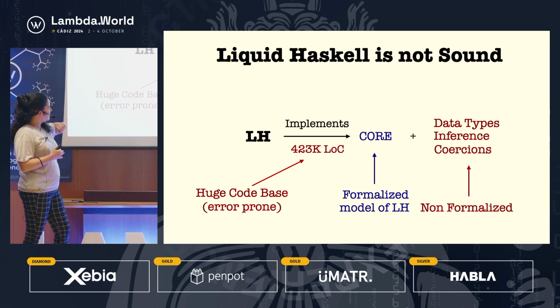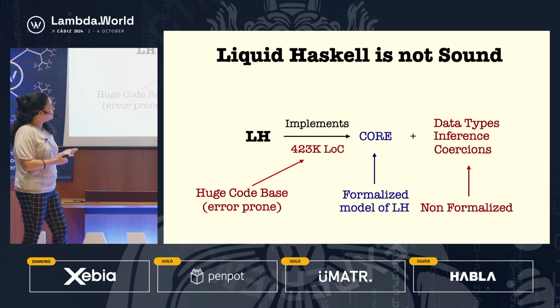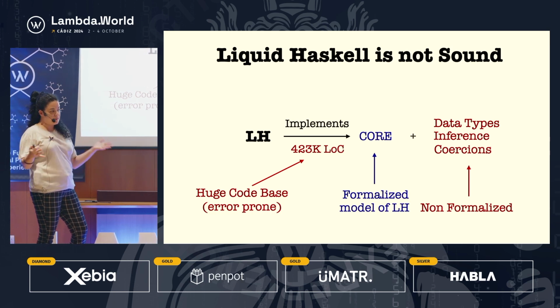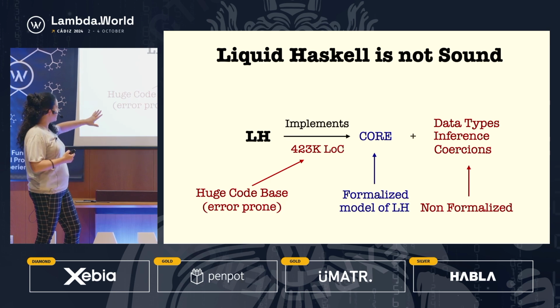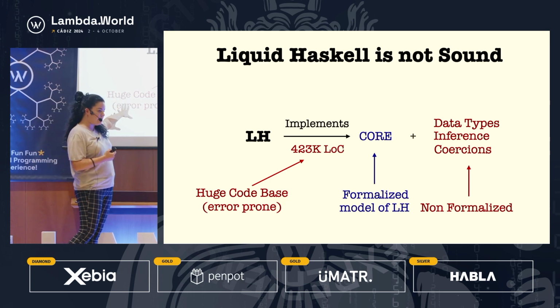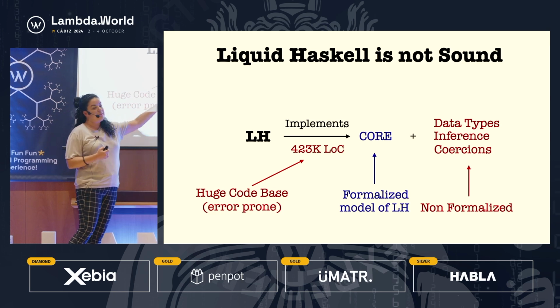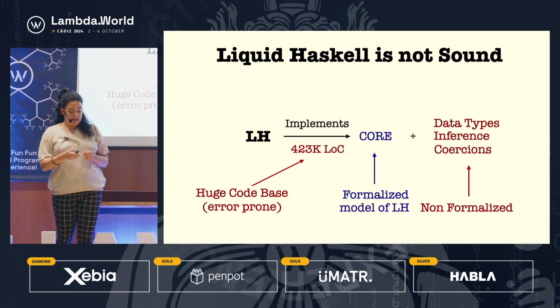The 400K is the implementation of Liquid Haskell, but we also trust GHC, we trust SMT, we trust a huge portion of the program. So the unsoundness bugs either rely on errors in the implementation that may happen by mistake, or on logic that we don't understand very well.